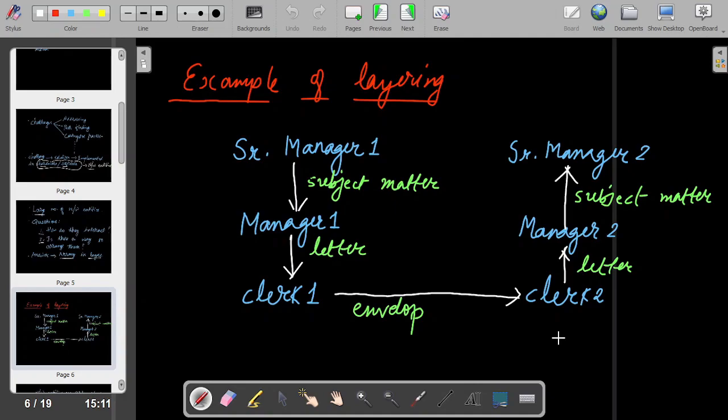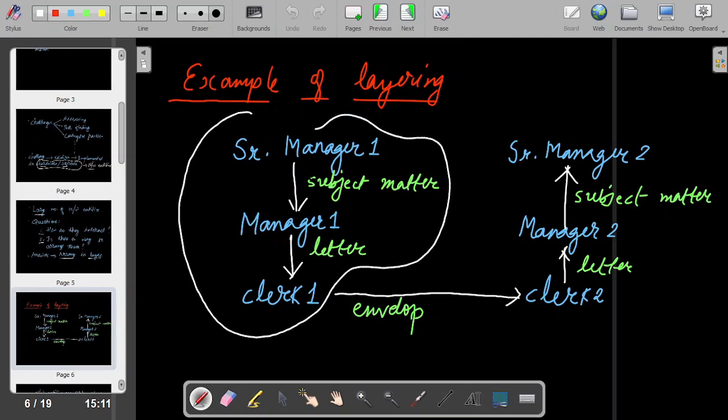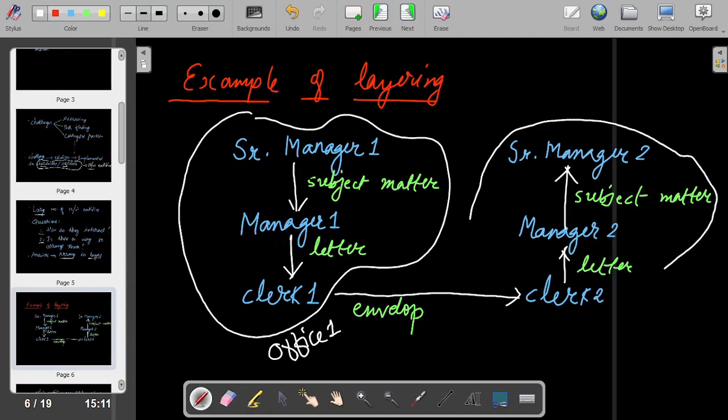Consider that there are two offices. This is one office, one organization. Let us name it Office 1. And this is the second office. In Office 1, there are people like senior manager 1, manager 1, and clerk 1.